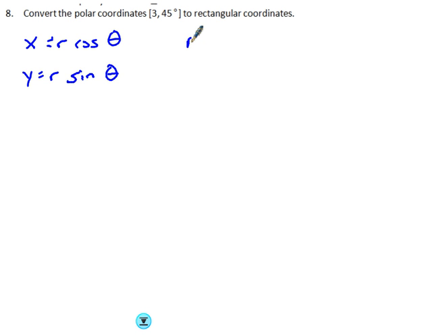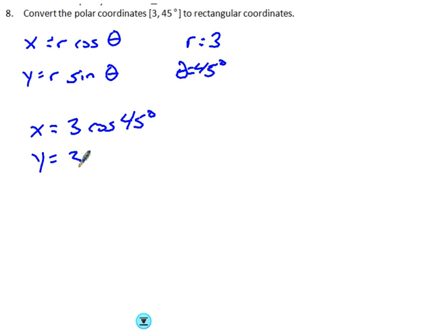If we have an r value of 3 and a theta value of 45 degrees, we can substitute and say x is equal to 3 times the cosine of 45 degrees, and y is equal to 3 times the sine of 45 degrees. One of the nice things about this is you should have those values already memorized from the unit circle.